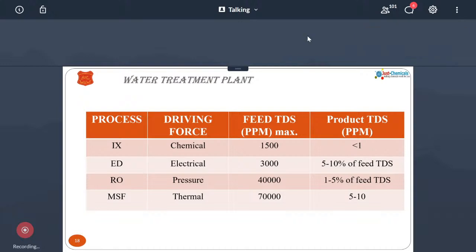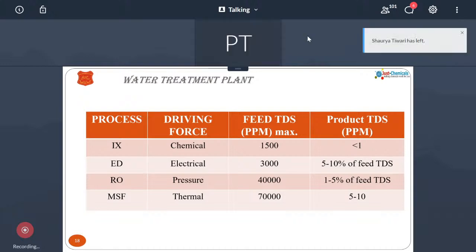But nowadays, as per the requirement by EPRI and VGB, these are two guiding companies in the world who tell what the specification of the water should be, we are employing a mixed bed or EDI after the DM plant or RO to get a product TDS of less than 0.1 microsiemens conductivity. And most of the time we get a resistivity of 18 megaohms.